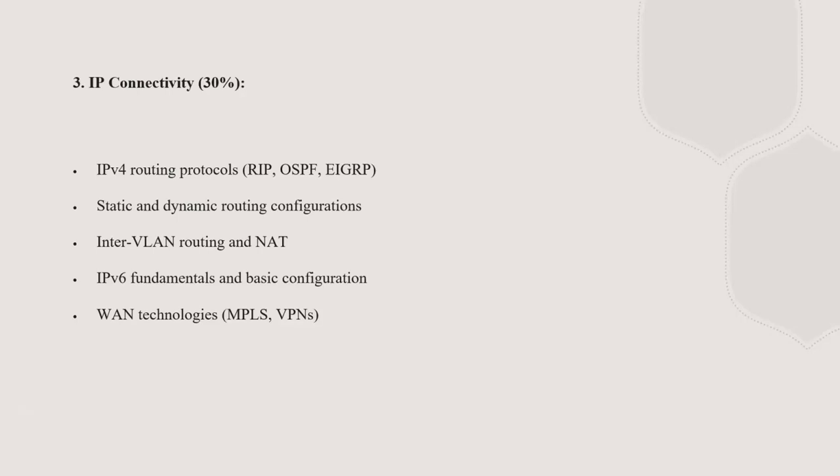Then we use inter-VLAN routing and network address translation, or NAT. Then we will use IP version 6 fundamentals and basics. IP version 4 is 32 bits, but IP version 6 is 128 bits. And then we will also go for WAN technologies like MPLS and VPN.